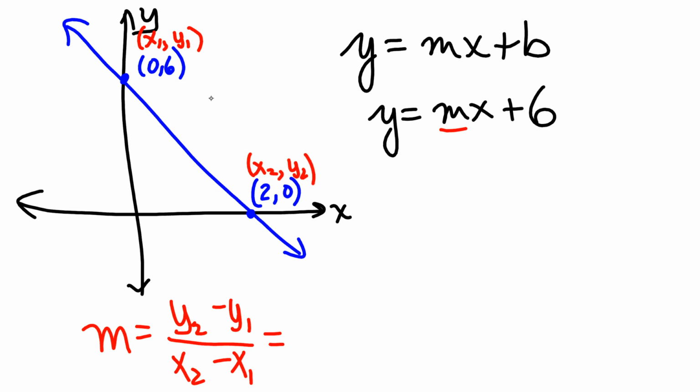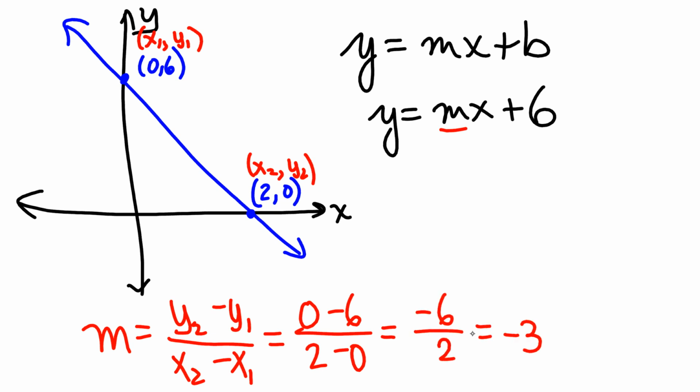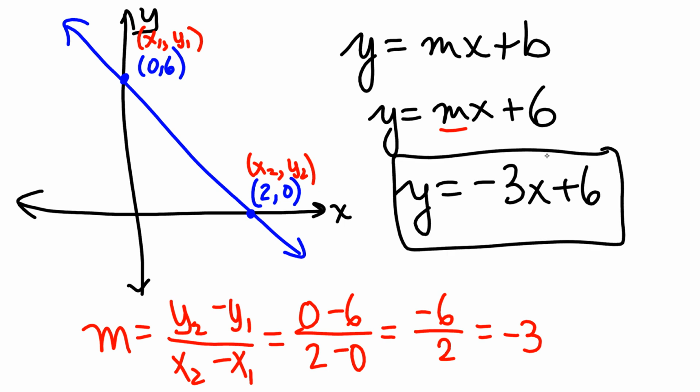So the second y minus the first y is 0 minus 6, and the second x minus the first x, that's 2 minus 0. So we get negative 6 divided by positive 2, and my middle school teacher told me that that's negative 3. So the equation of this line is y equals negative 3x plus 6.